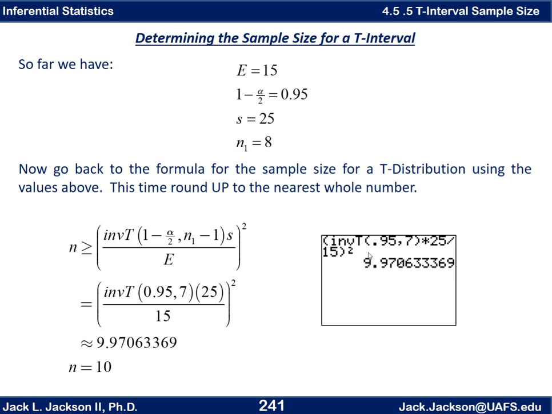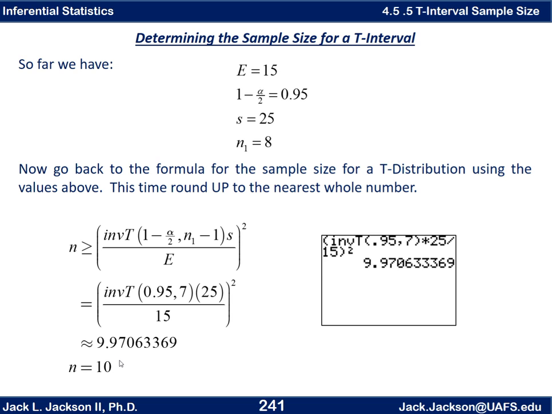So that's inverse t of 1 minus alpha over 2, n1 minus 1, times the s over E. Take that and square it, and then round up. This time you round up no matter what. So if it would have been 9.1, we'd still round up to 10. You can see how I typed it in the calculator there, and I got 9.97.